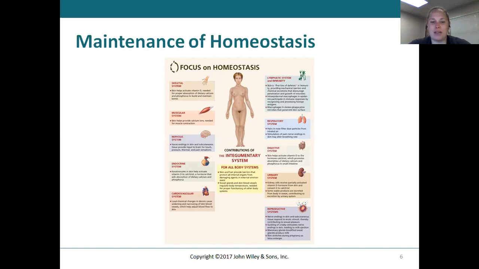And lastly, the reproductive system. You also have a lot of parts of the integumentary system that's involved with reproduction. Even when we talk about infants and their interaction with skin contact is very important, but you can also think of the nipple as being part of the integumentary system. That's obviously a very important food source for infants.